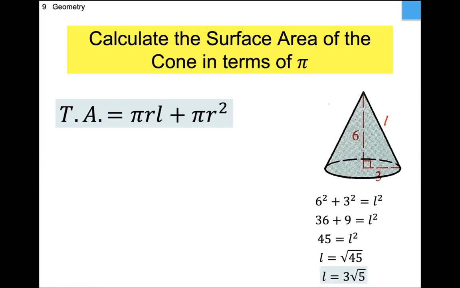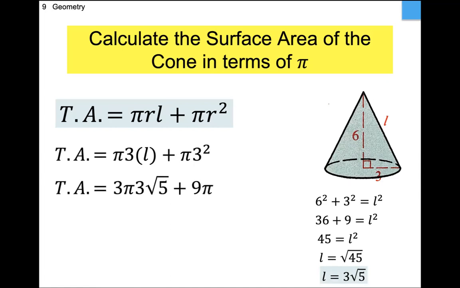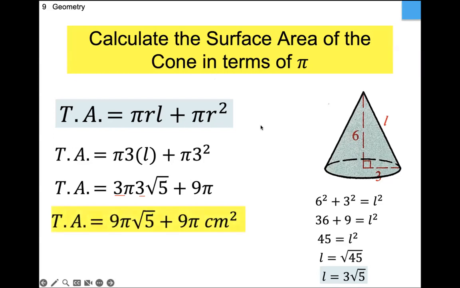So now we're going to throw those two values, r equals 3, L equals 3 root 5, into my formula and simplify. Now this one says leave it in terms of pi, so I'm going to leave pi alone. What can we simplify right here? Well, 9 can't be simplified, but 3 times 3 is also 9. But it's the pi and a root 5, and I can't join those two things together.